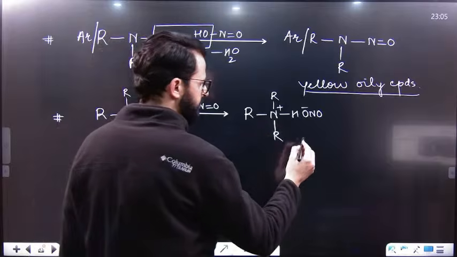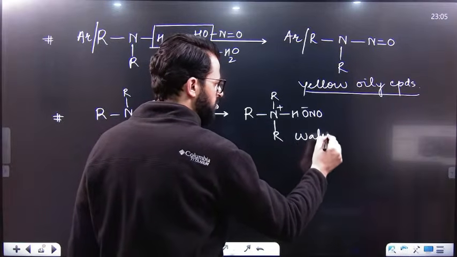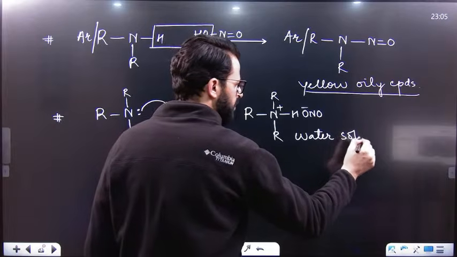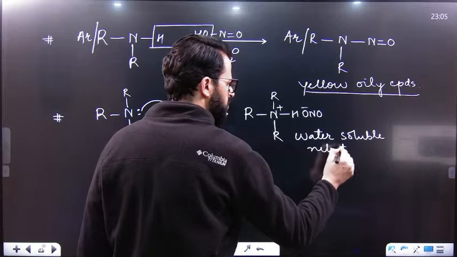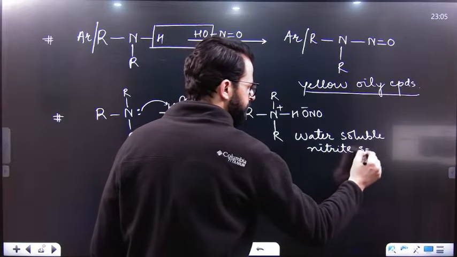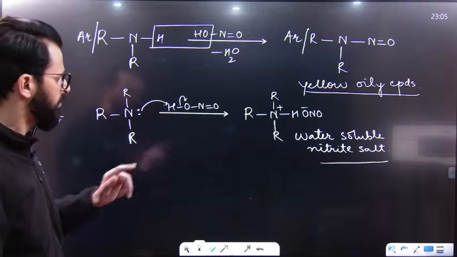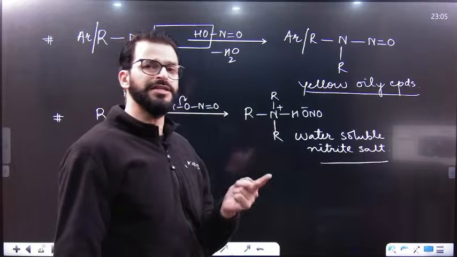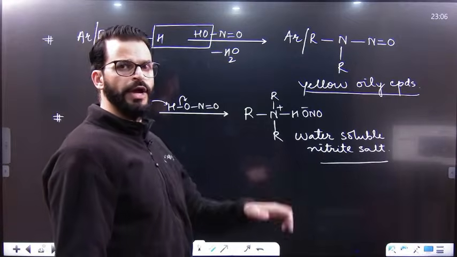This is known as a nitrite salt, and this nitrite salt is water soluble, remember. So a water soluble nitrite salt is formed when a tertiary aliphatic amine reacts with nitrous acid. But you know, nitrous acid generally is formed during the reaction by reacting NaNO2 and acid.